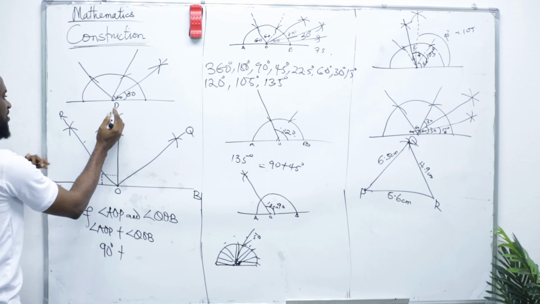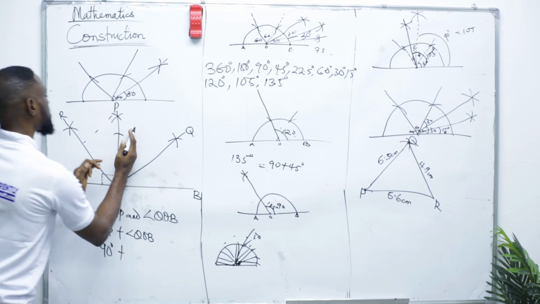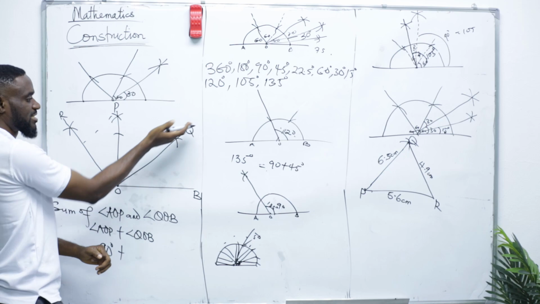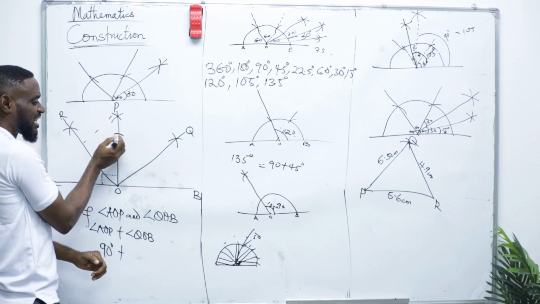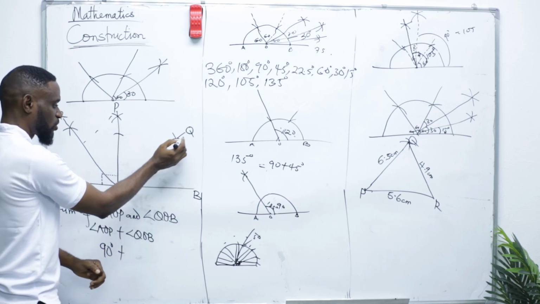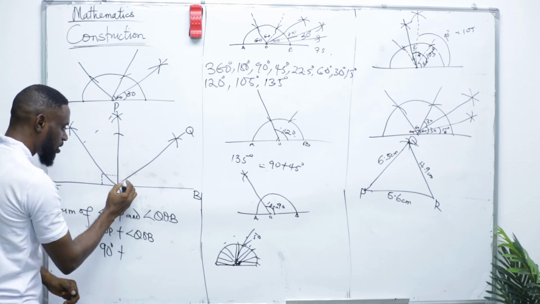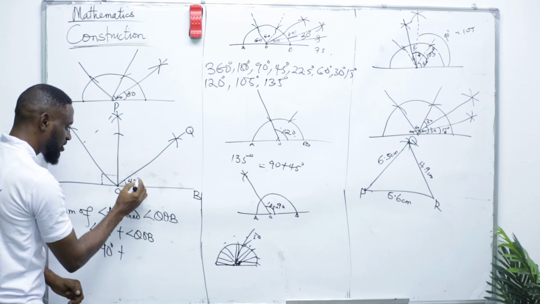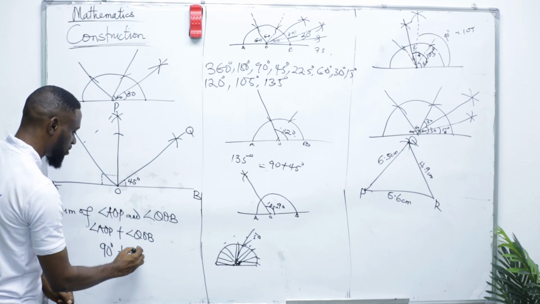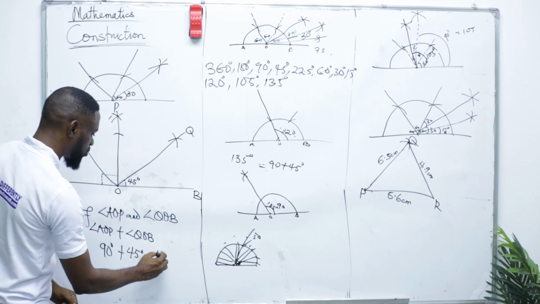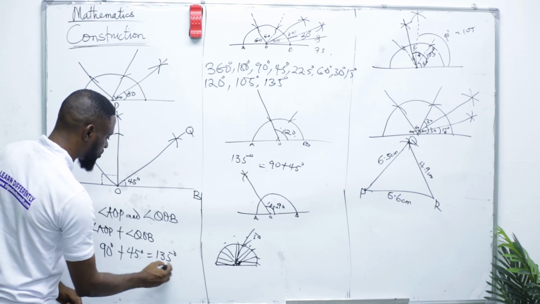If this part is 90 degrees, this part is also 90 degrees. But this 90 degrees here was bisected, so it means this QOB here is 45 degrees. So this is 45 degrees, meaning this is 135 degrees.